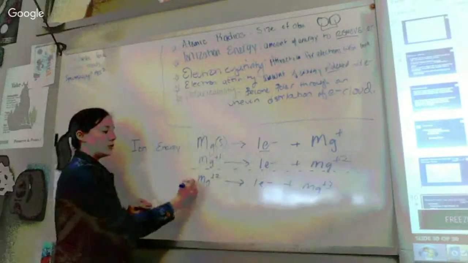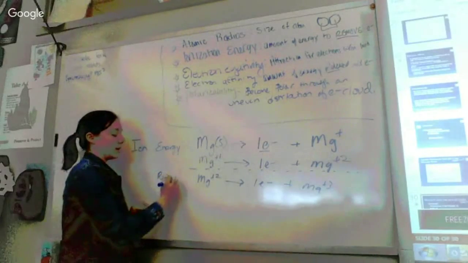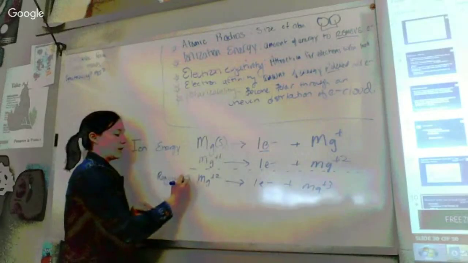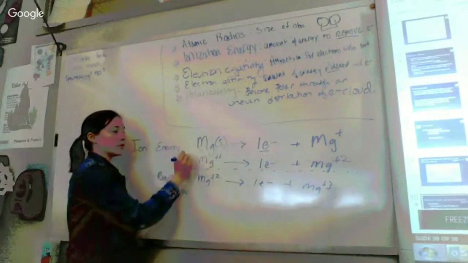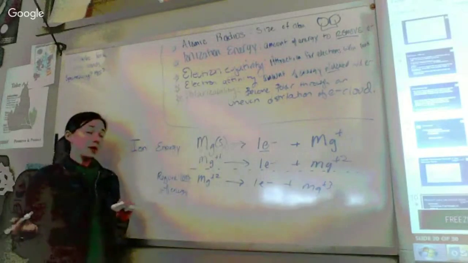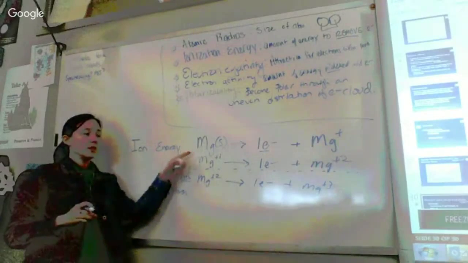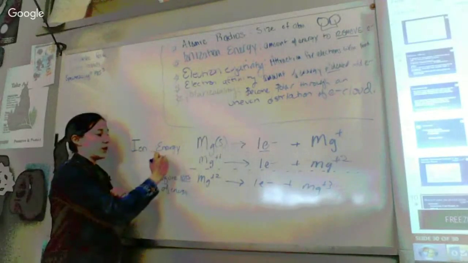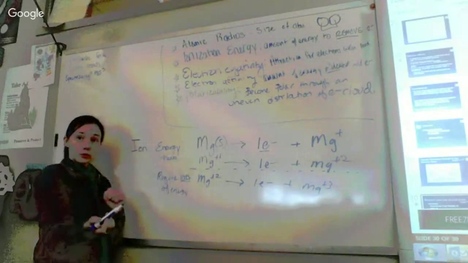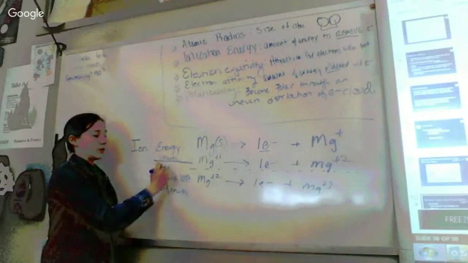This equation requires a ton of energy, as compared to these two, which would still require some energy, but a smaller quantity, because these are valence electrons. My valence electrons are more readily removed because those are the ones that do the reacting. So, valence electrons versus core electrons.